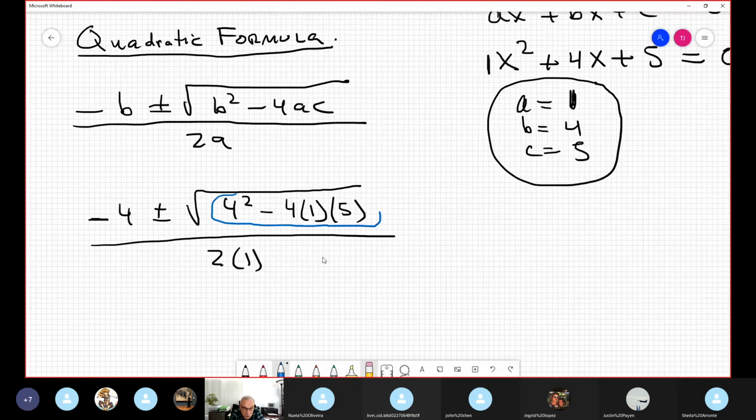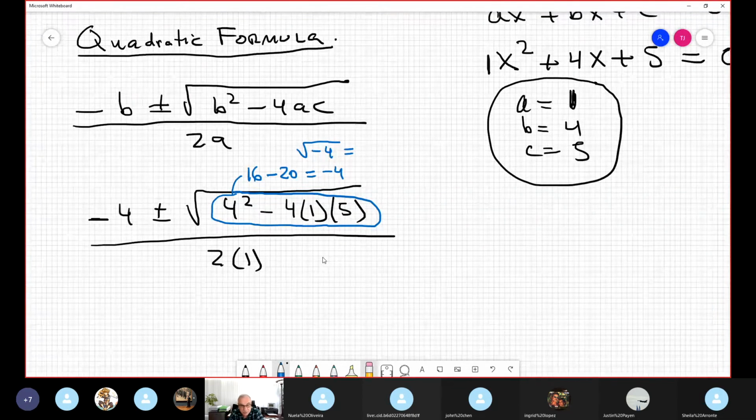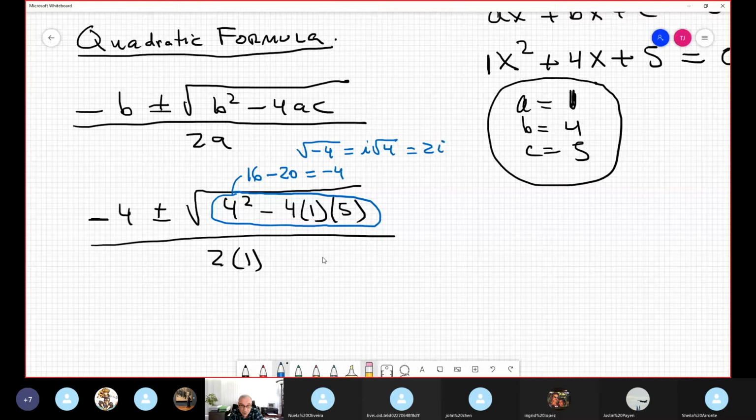That's the first thing. 4 squared is 16, minus something: 4 times 1 is 4, times 5 is 20. The subtraction is negative 4. Then you compute the square root of negative 4. I know that the square root of negative 4 is imaginary, so it is equivalent to i times the square root of 4, which is 2. It is 2i. Okay, 2i is the answer for the total radical expression. And we have minus 4 plus or minus 2i, divided by 2.